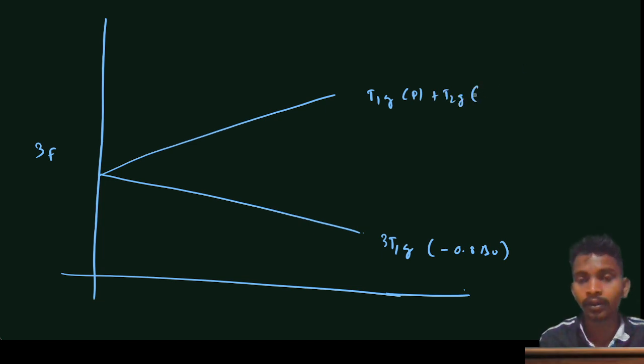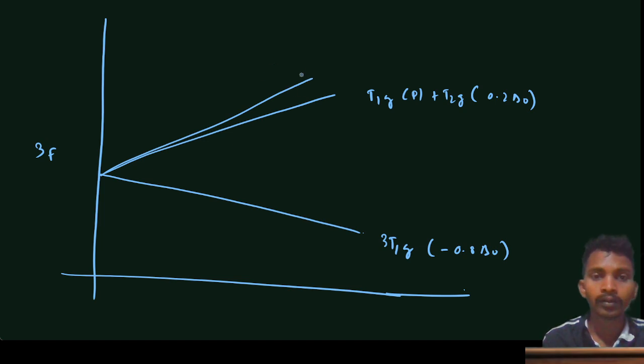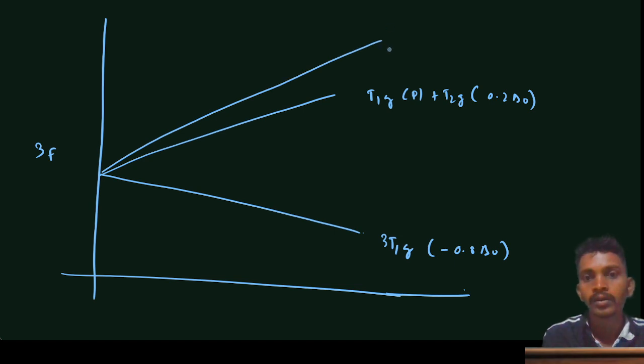This is for 0.2 delta naught, and another is A2g, A2g, and this is 1.2 delta naught.